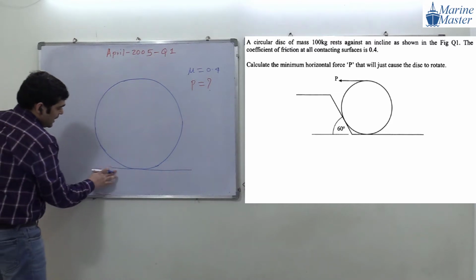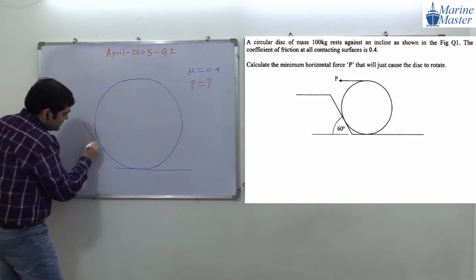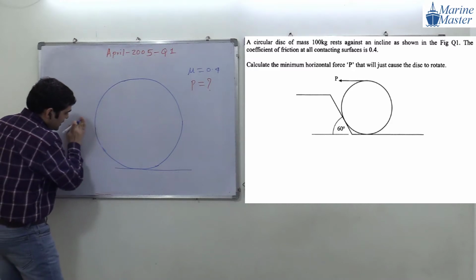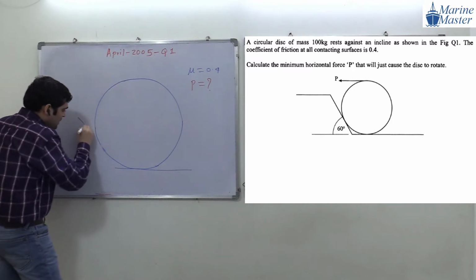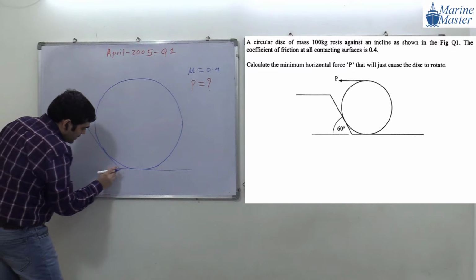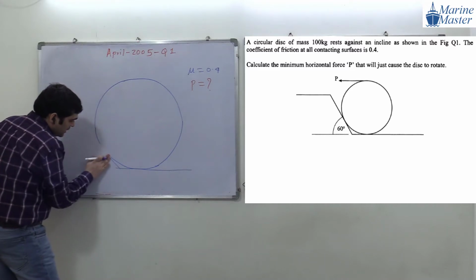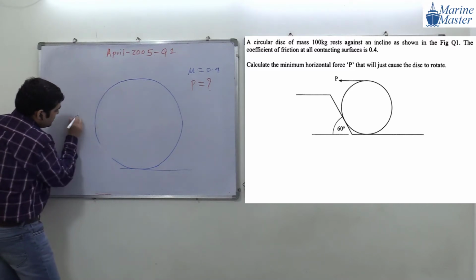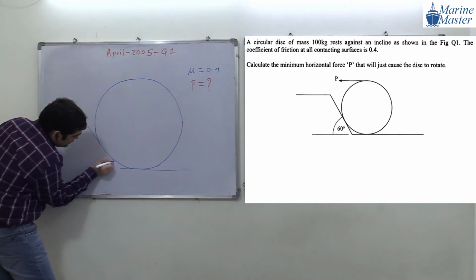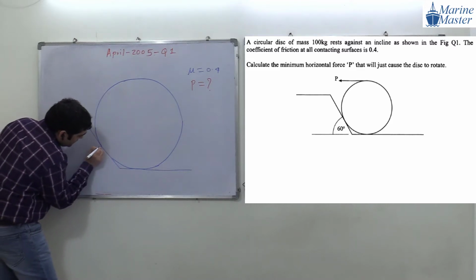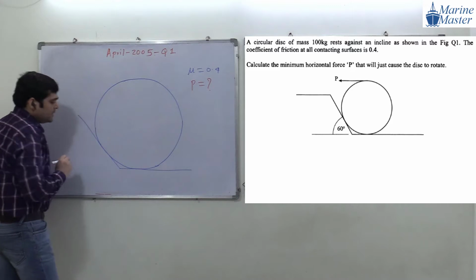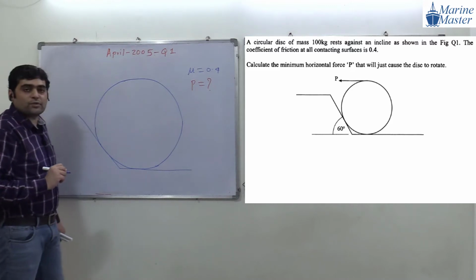And then this will be an inclined plane. I am going to try to draw it properly. Give me one minute. This is our inclined plane, and this is our disc.